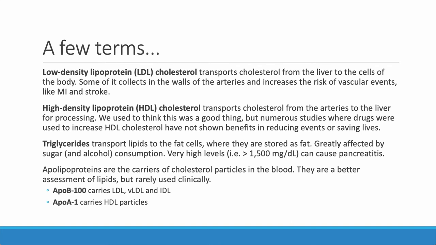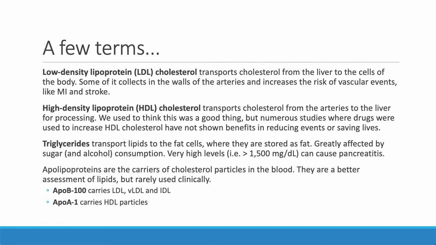The best assessment that we can get of cholesterol transport in the body is the ApoB100. So measuring ApoB is a great thing to do, but we rarely use it clinically because guess what? It really correlates very well with the LDL cholesterol. And that's the target that we have with medicines anyway.